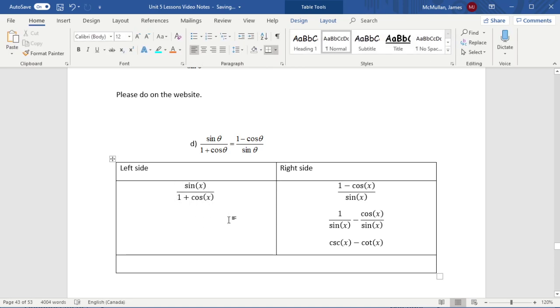Not sure if this is going to work, but then again, that's what identities is all about. It's about trying stuff. I kind of notice in this question that I have half a difference of squares on one side and half a difference of squares on the other side.